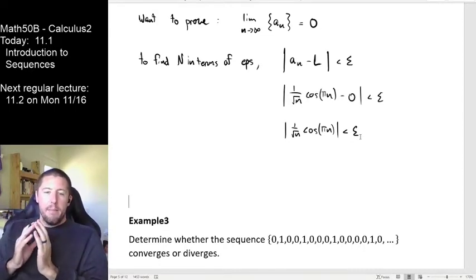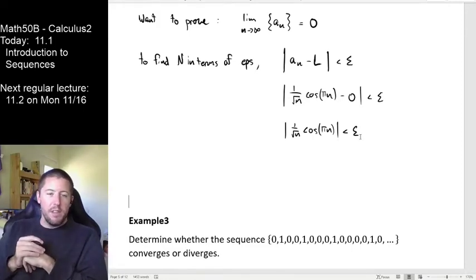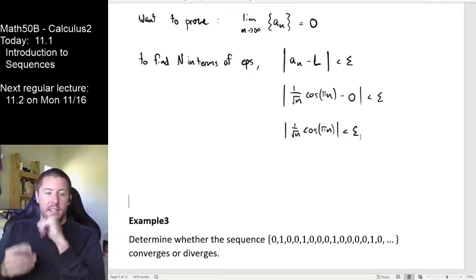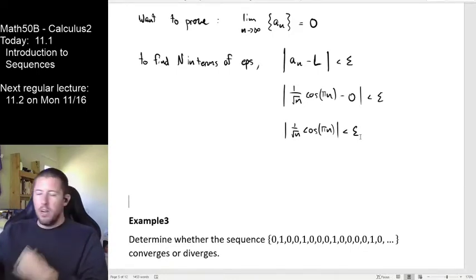So I'm worried about making my 1 over root n cosine pi n small enough so that it's smaller than our margin of error epsilon. Our worst case scenario right now is that our cosine of pi n is 1. That's the biggest it could ever be. Anything else is smaller. It's going to help us get within our margin of error.